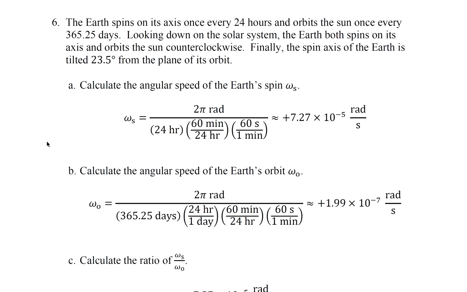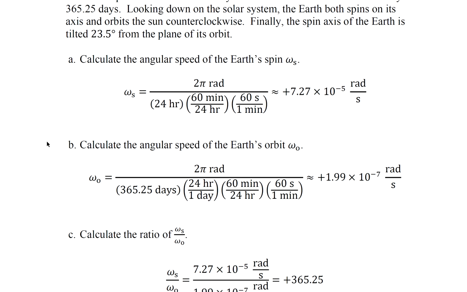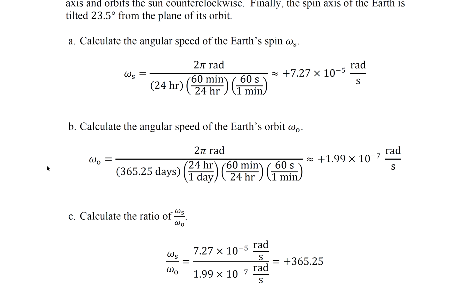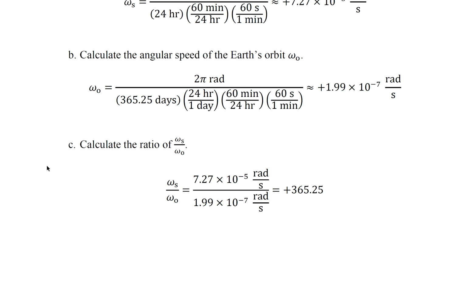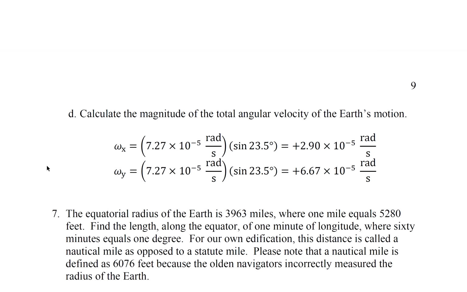Part A, calculate the angular speed of the Earth's spin omega sub s. Part B, calculate the angular speed of the Earth's orbit, omega sub o. Part C, calculate the ratio. Part D, calculate the magnitude of the total angular velocity of the Earth's motion.